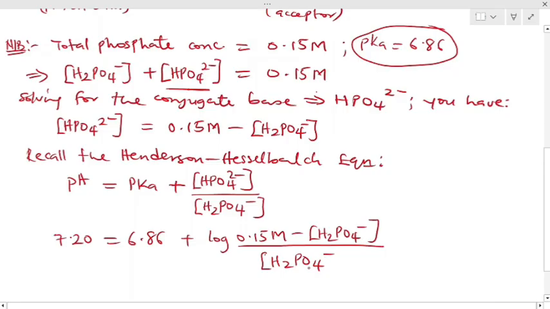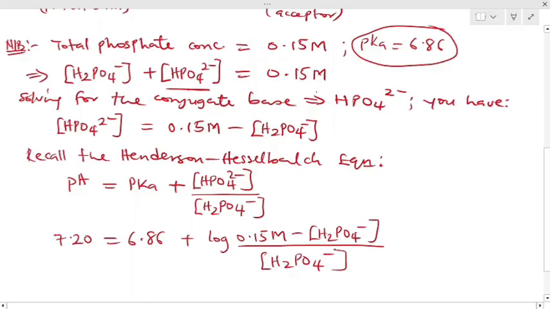Great. So we have a perfectly good equation here. These are my variables that I've carefully brought out. The concentration of H2PO4 minus. Let's go ahead and solve for that as follows.